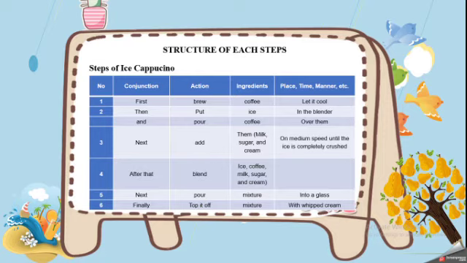First, and the action is boil, and the ingredients is coffee, and the adverb is let it go. This is manner. Then the second steps is there is conjunction then, the action is put, ingredient is ice, and the adverb is detail of place in the blender.